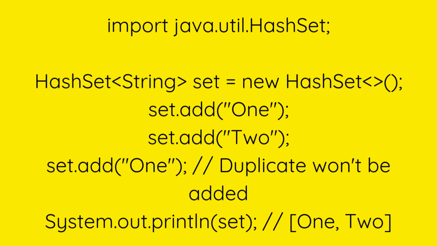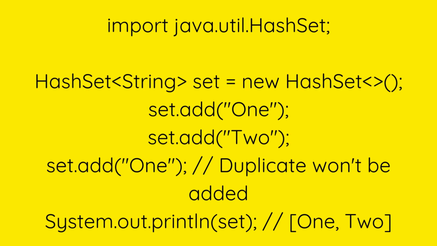Remember that a set does not allow duplicate data. So you see here we have one more than one time. When the user tries to print the set, we will see it has two data, one and two, because the duplicate one is ignored since we already have one and two. There is no way to duplicate it, which is what a set does. Unlike a list, which allows duplicate data, a set does not.